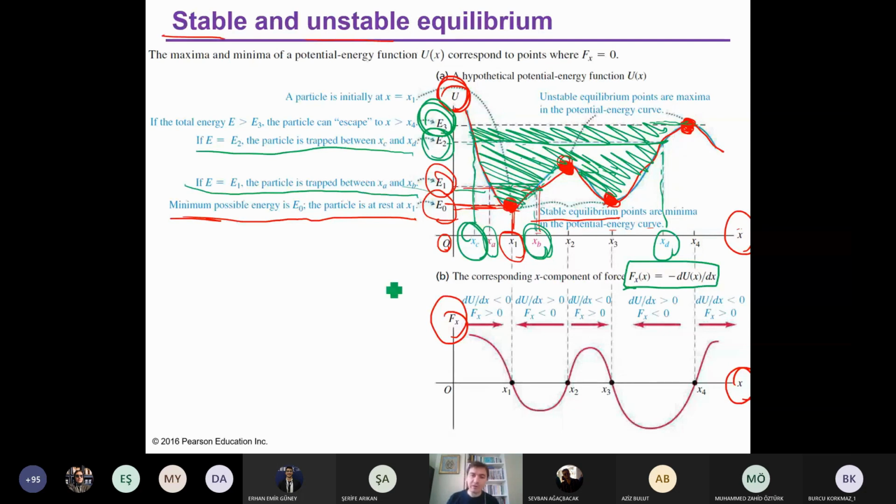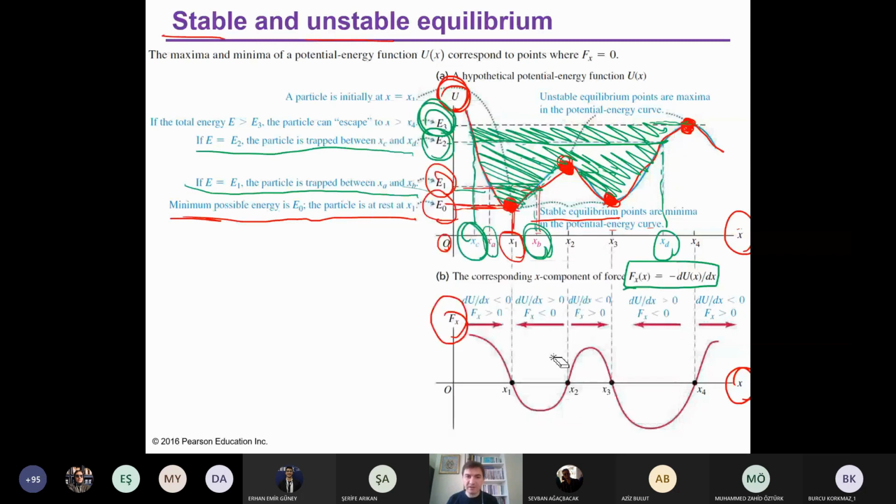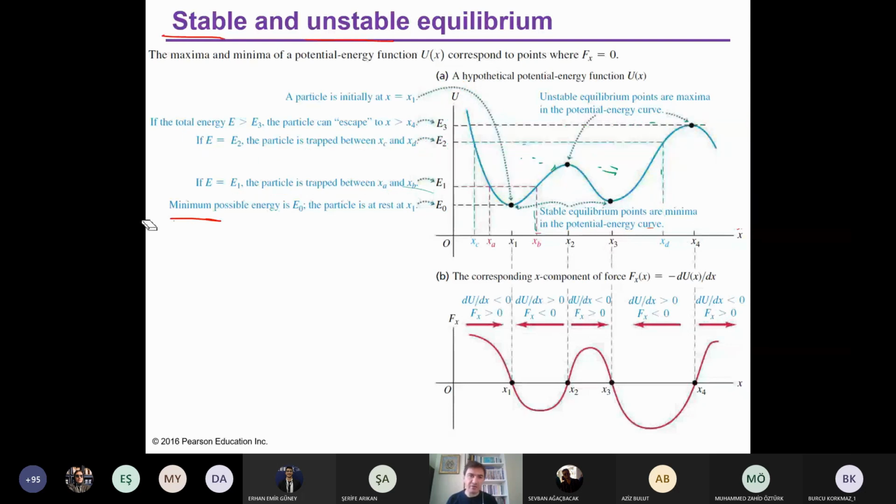So now be careful when you are plotting the Fx curve from the Ux curve. What about the negative of the derivative in this range? What about the change in the potential energy?